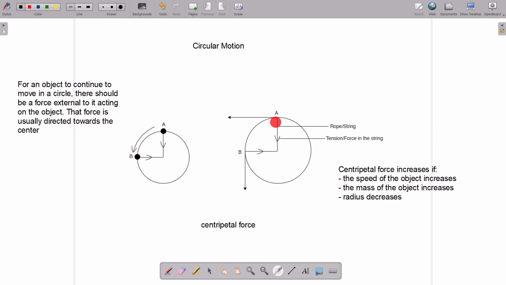If a tangent is drawn to the circle at point A, we see the direction of motion of the object. At point B, a tangent is drawn to the circle. Again, we see the direction of motion of the object at point B. Clearly, the object's direction keeps changing. It doesn't remain the same.